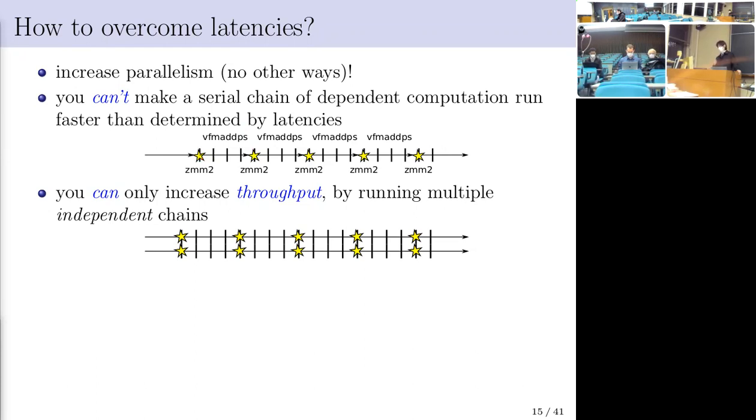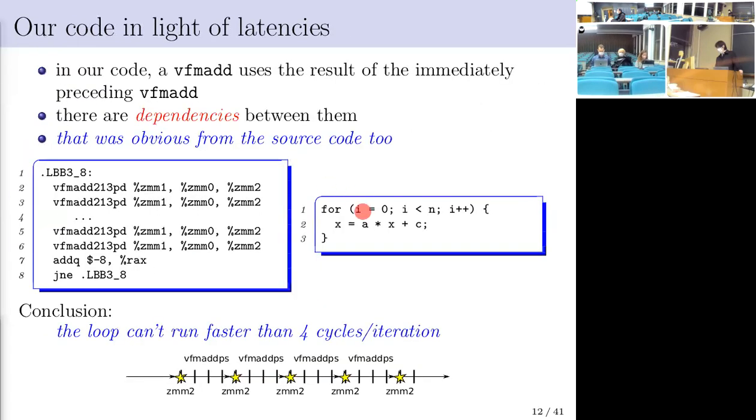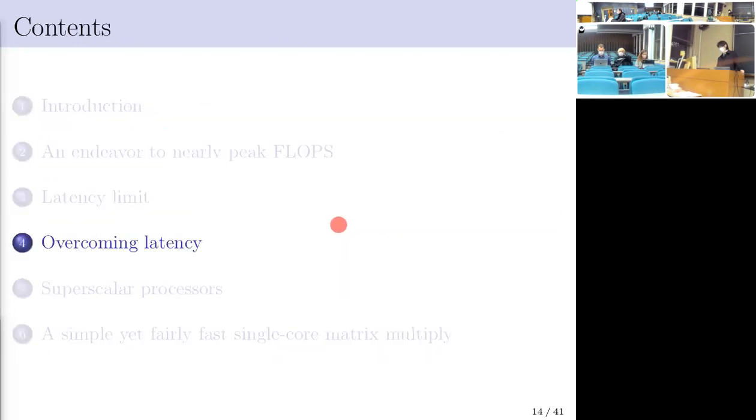So the important thing you need to remember is that if we do a computation like this, then this X is produced by the previous iteration, so it cannot change the fact.